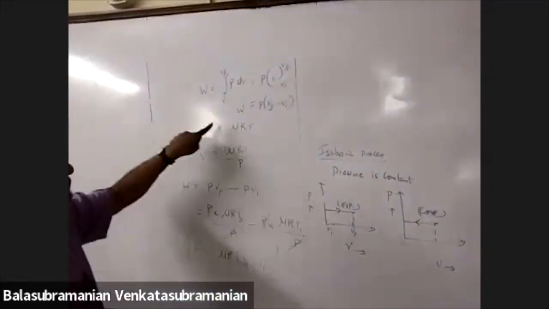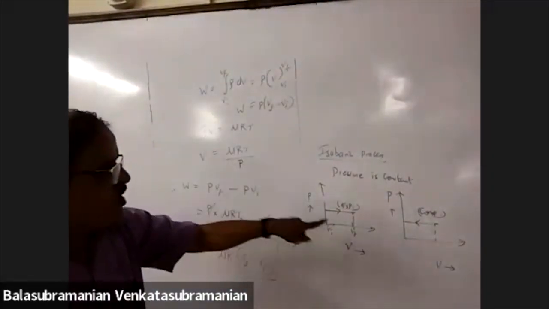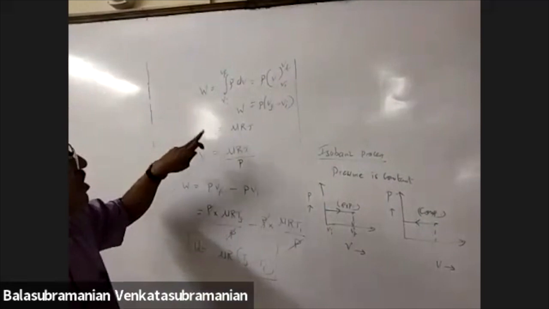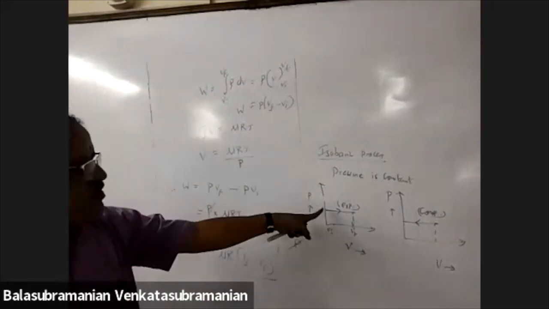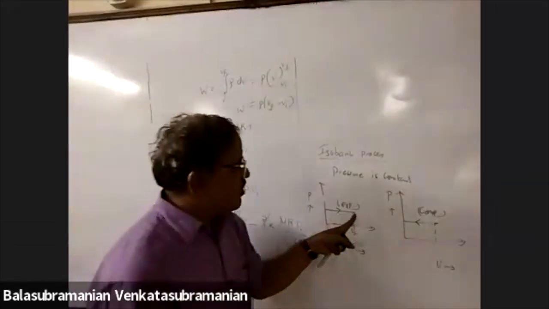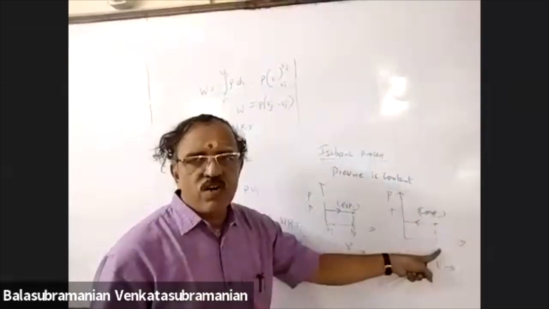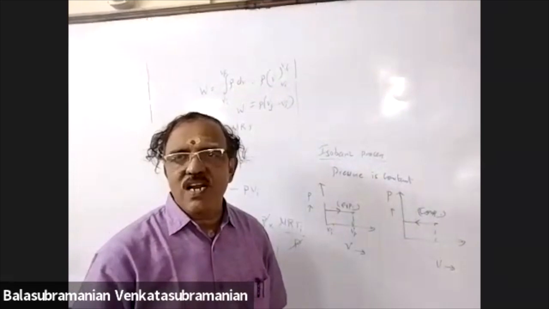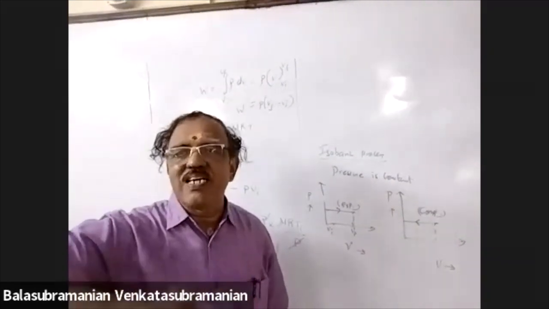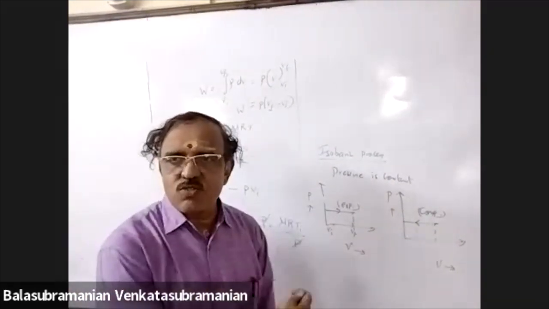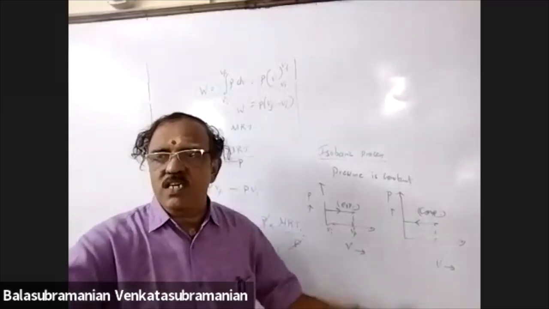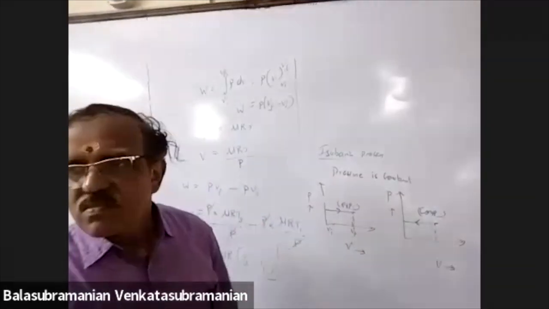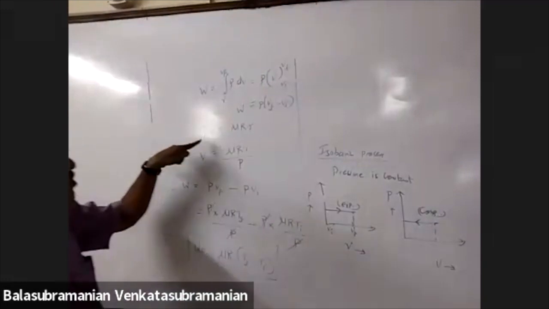So equation wise, in the case of basic equation, pressure constant for expansion, pressure constant for compression. Example, any cooking vessel, open lid. Lid is closed means isochoric. Lid open means isobaric. Correct?